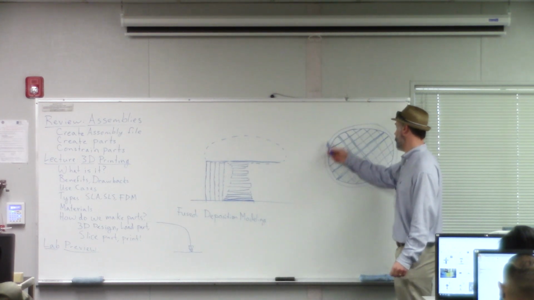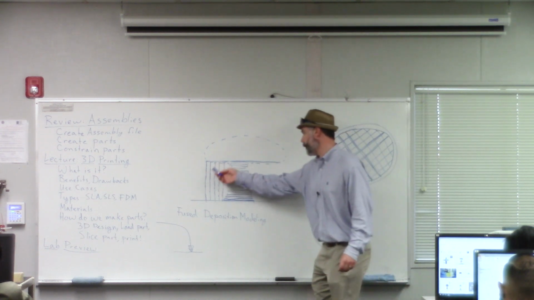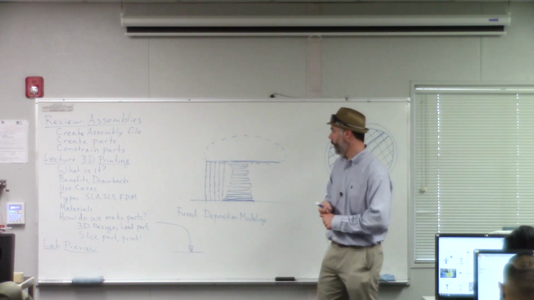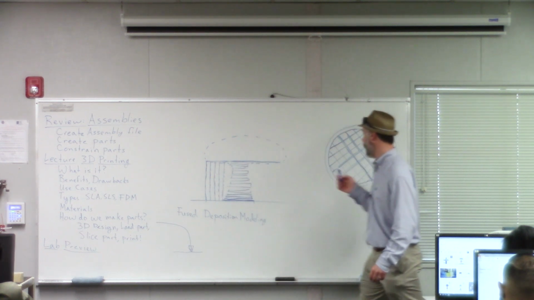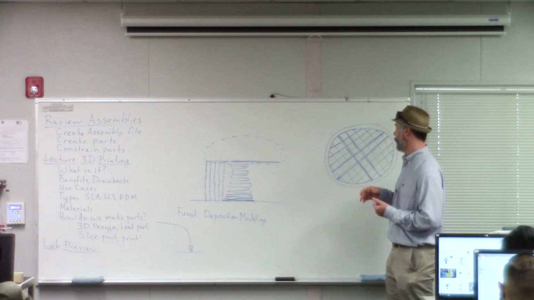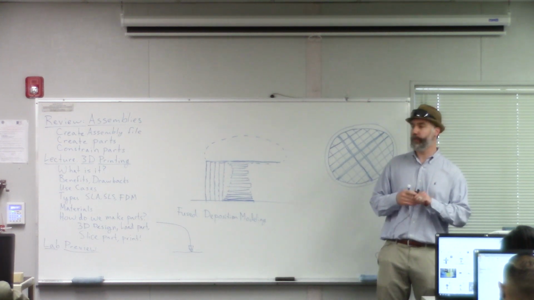So the slicer figures out the shell for your part, it figures out the infill, figures out whether you need these supports. And then, after it's determined all of that, it looks at what each layer of your part would actually look like.